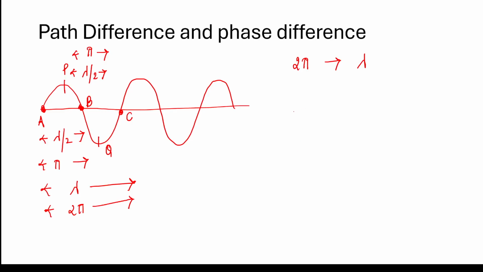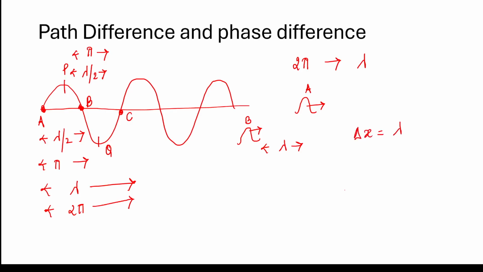Now, let's say a wave is moving, a wave A, and another wave which is coming from behind. This distance is, let's say, lambda. So what's the path difference between them?